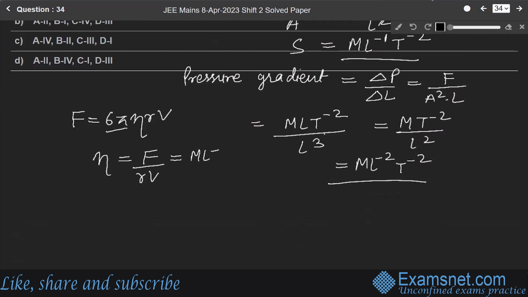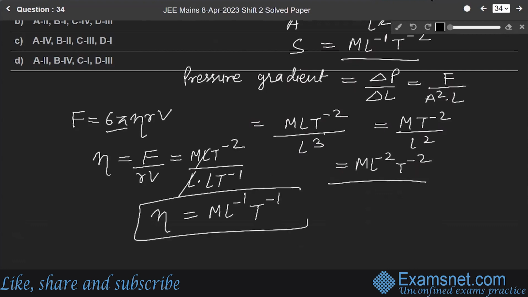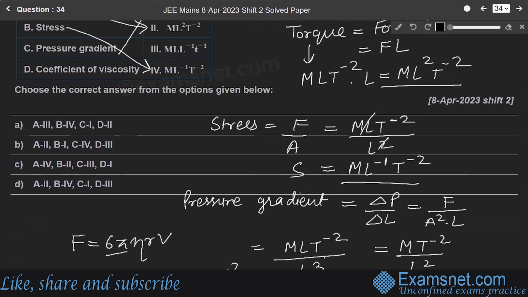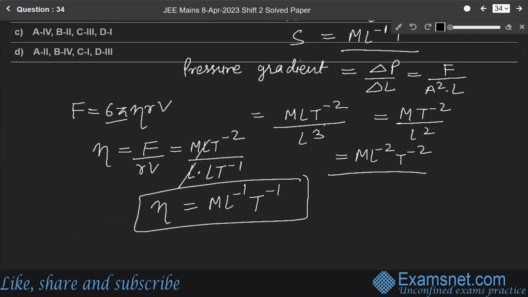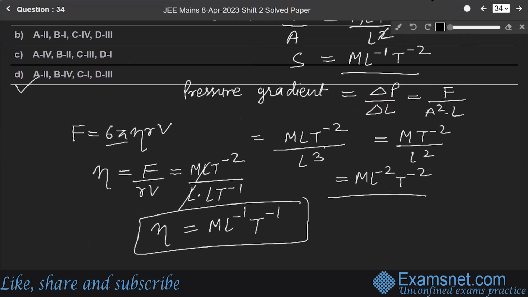F is M L T minus 2 over r into v. r is L, v is velocity L T minus 1. So eta will become M L minus 1 T minus 1. So the dimension for coefficient of viscosity is M L minus 1 T minus 1. So the correct option is option D.